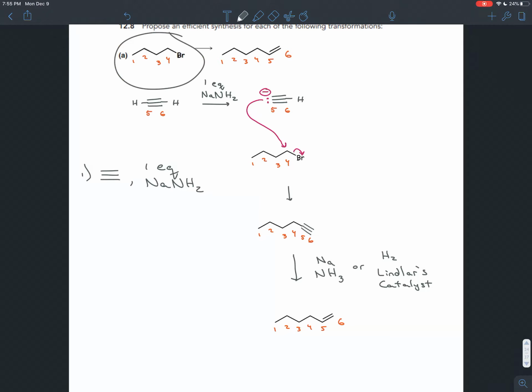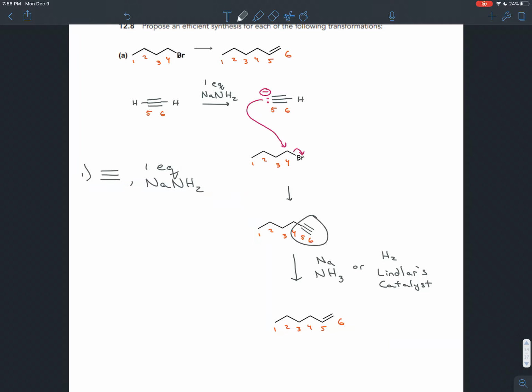So here we start with this molecule, and we first treat this with that ethyne, also called acetylene, and sodium amide. That rips one of these hydrogens off, turns it into a nucleophile that attacks our original alkyl halide and gives us this alkyne product.